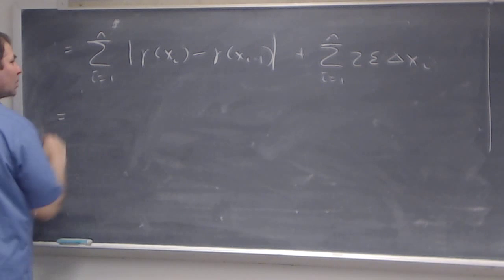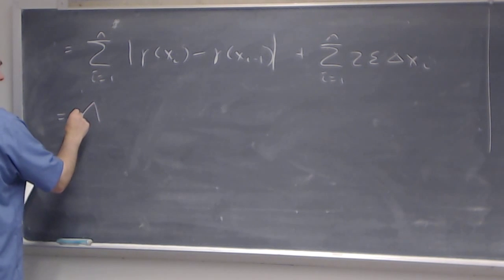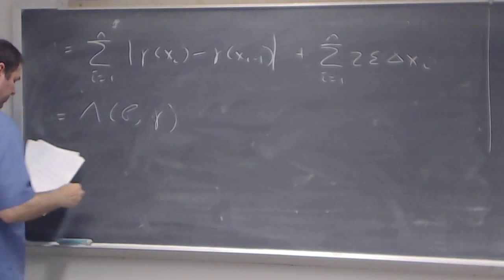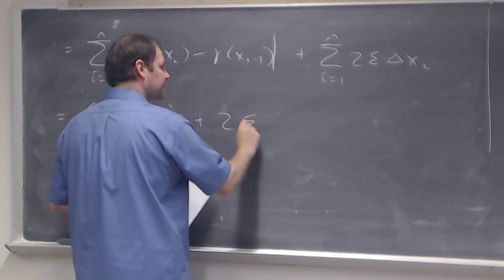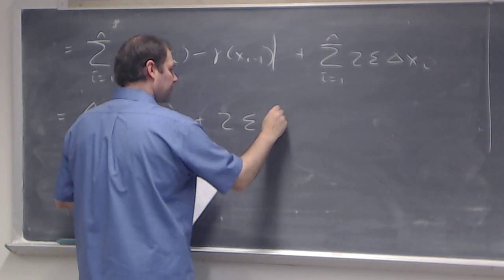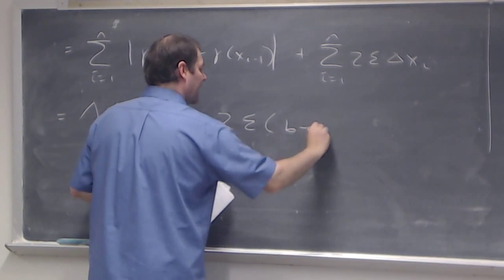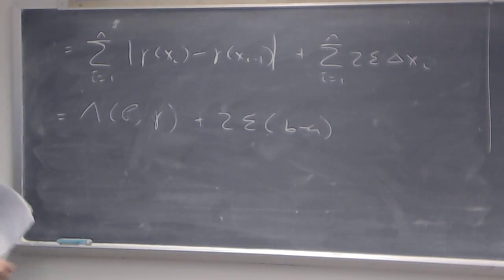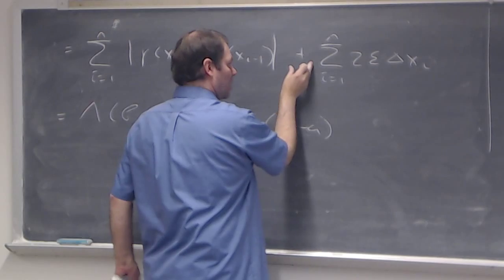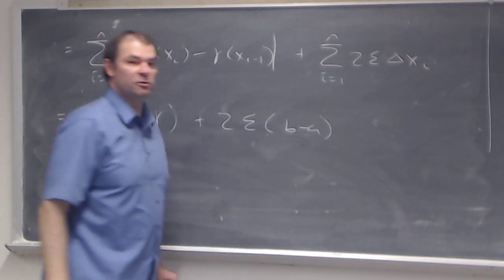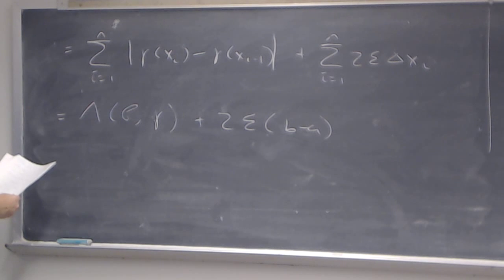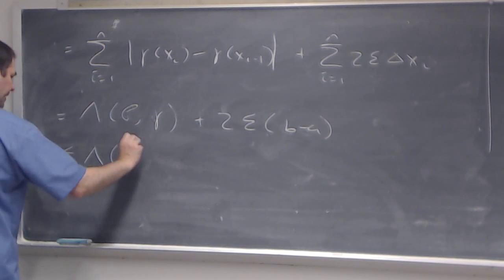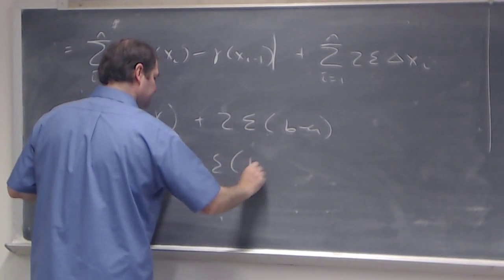But this part right here is nothing more than the lambda of gamma with respect to the partition that we made, plus 2 times epsilon times b minus a. The sum of these changes in the x sub i's would just be b minus a, where I'm factoring out the 2 times epsilon. That's a constant, pull it out, and if you sum up those distances, you get b minus a. And that is going to be less than or equal to lambda of gamma, the length of gamma, plus 2 times epsilon times b minus a.